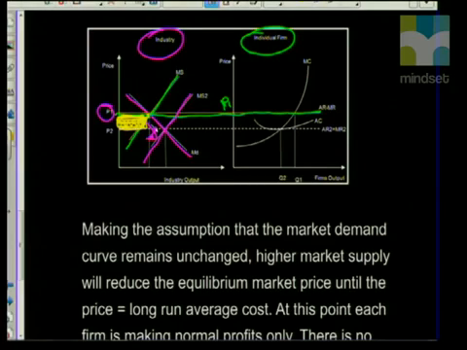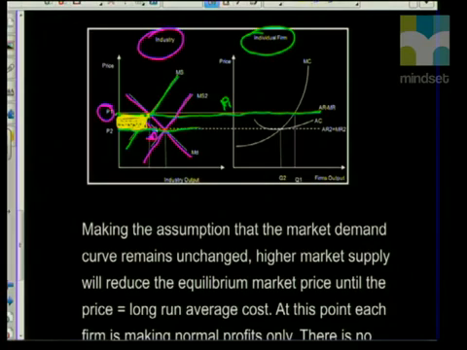Again, the individual producer or supplier or firm in the market has no control over the price. Because the price drops, the individual firm will now have to sell his product at the new market price determined by the market. And at this point, only normal profit will be made.